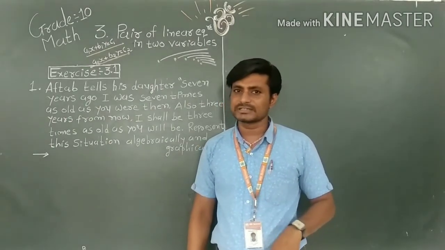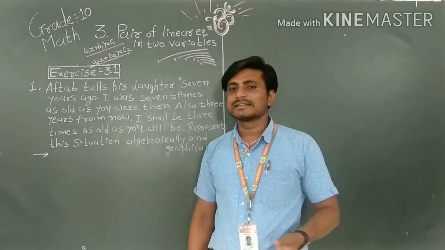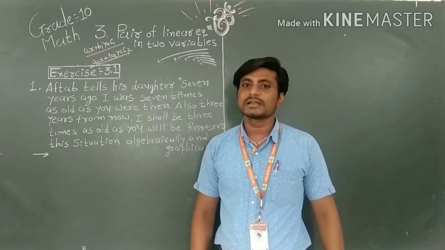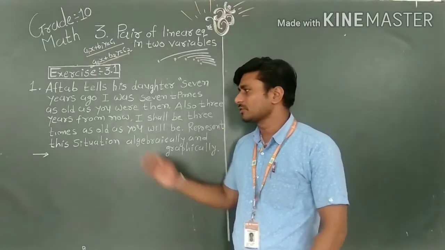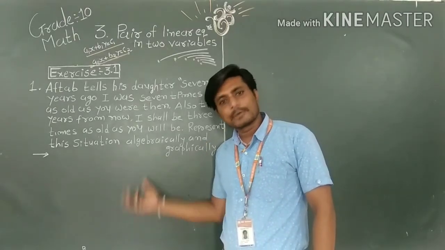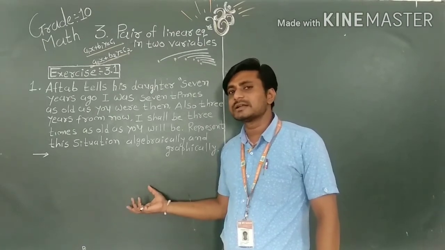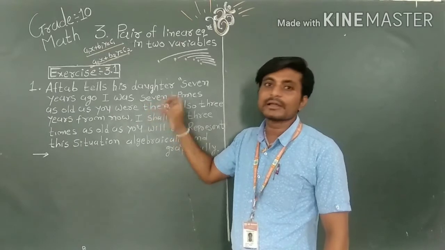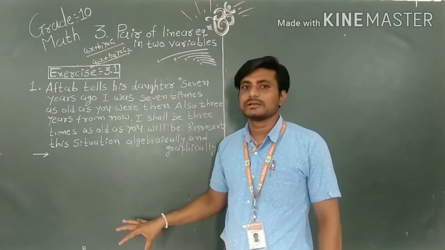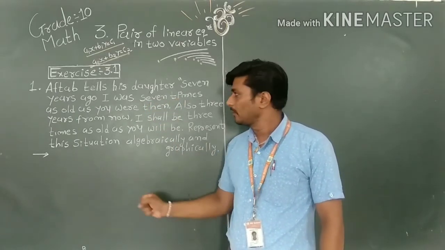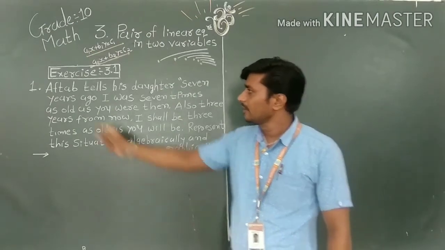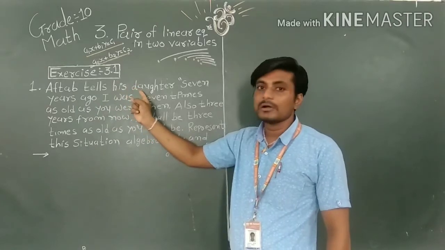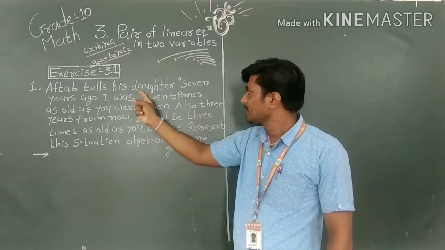Generally, we consider the present age and then apply the given conditions. Here also it is the same method, the same process. So first we consider the present age of Aftab and the present age of his daughter.